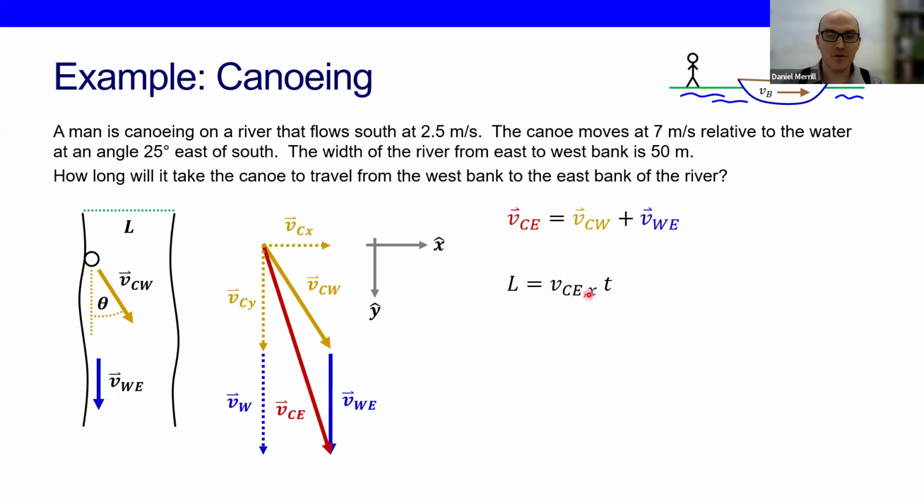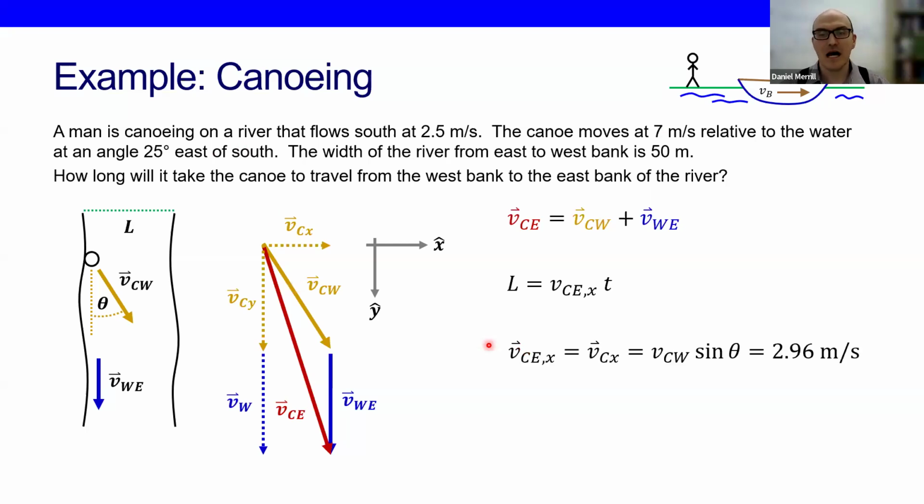But the component of this red arrow, the velocity of the canoe with respect to the Earth, in this x direction, is only going to be the component of the velocity of the canoe with respect to the water, this 7 meters per second, but only the part that's in the eastward direction. So I'm going to have to work that out.